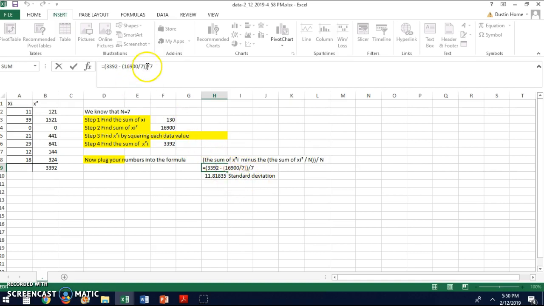Now you have to surround that in an extra set of parentheses because we want to subtract that first. And then the very last step is to divide by 7, and that is how you get the variance. The standard deviation is easy once you get the variance. To get the standard deviation, you can just do equals SQRT, or take the square root in your calculator, of 139.6735. And then, of course, you're going to round these numbers when you put those on the homework.